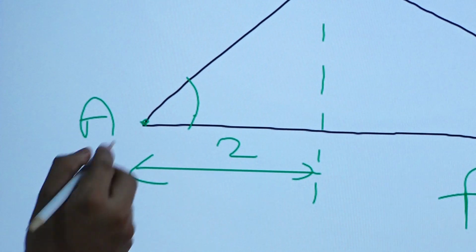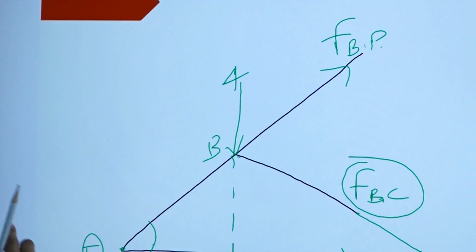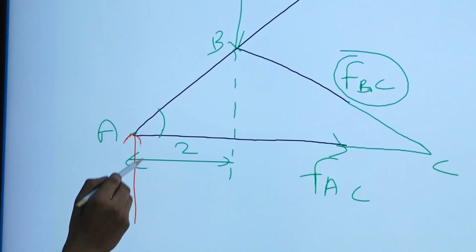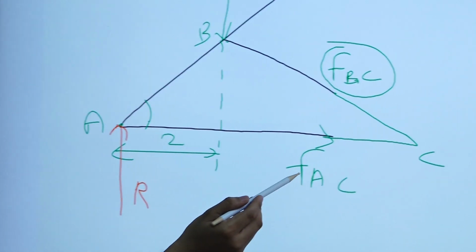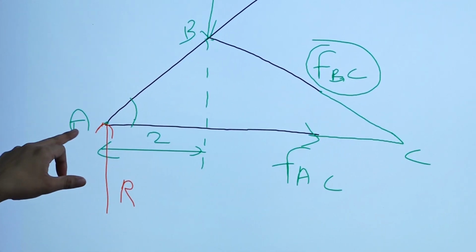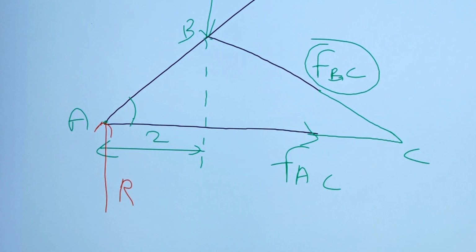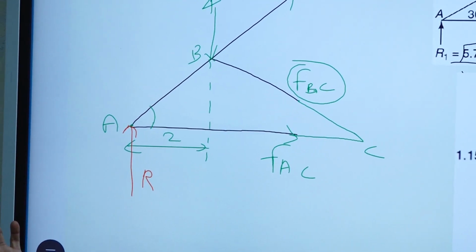So this force FBP is passing through the point A, right. With that this R is also passing through the point A, right. FAC also passing through the point A. So all these three forces are passing through the point A, and all these three forces are unknowns, but we don't have to find them out, because in the question they are not asking either FAC, FBP or reaction R, right.